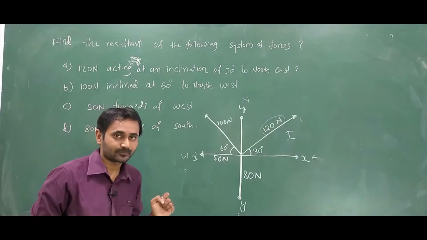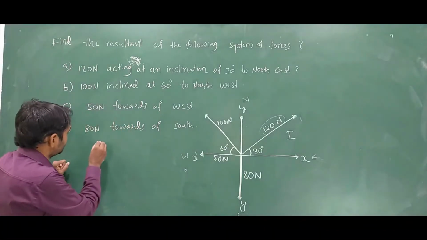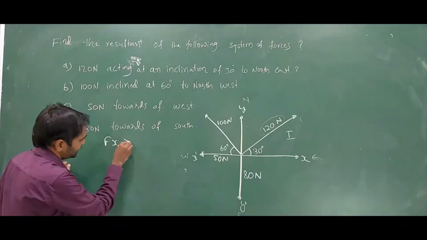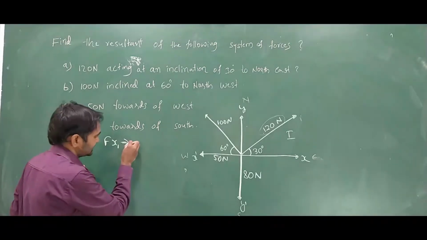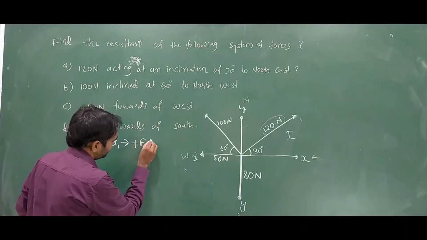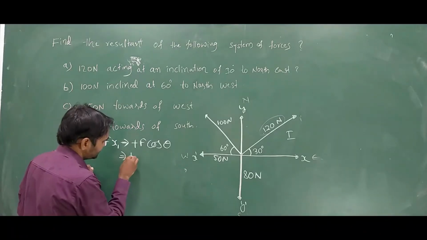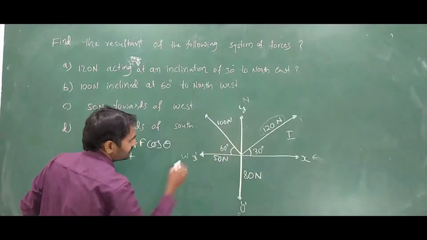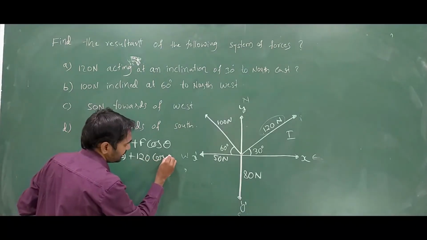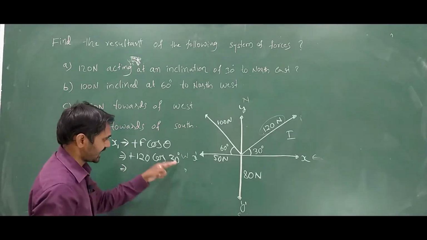Now let us see, this is in the first coordinate, so Fx1 is equal to plus F cos theta. What is the magnitude? 120 is my magnitude, and cos 30 degrees is my angle.